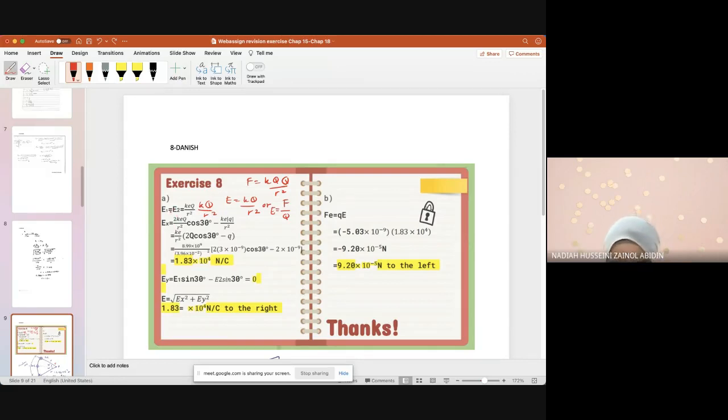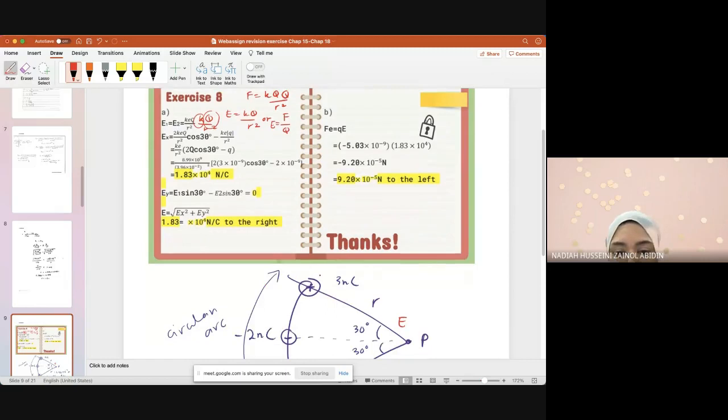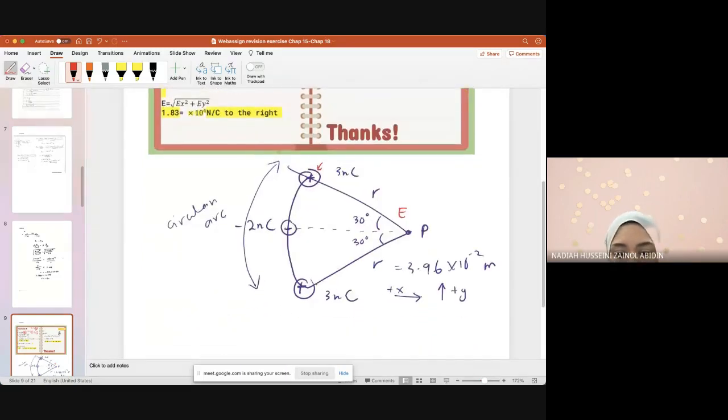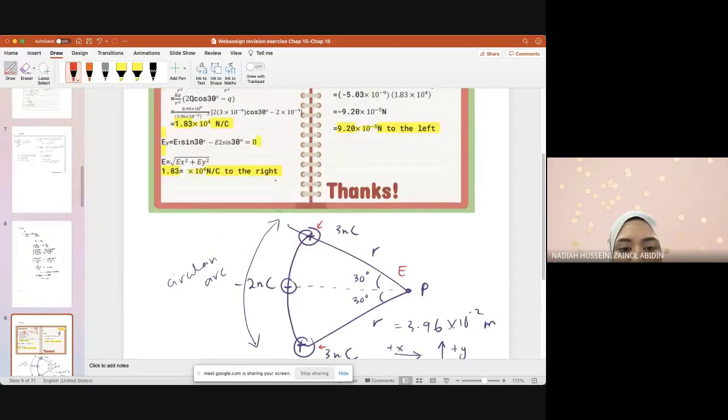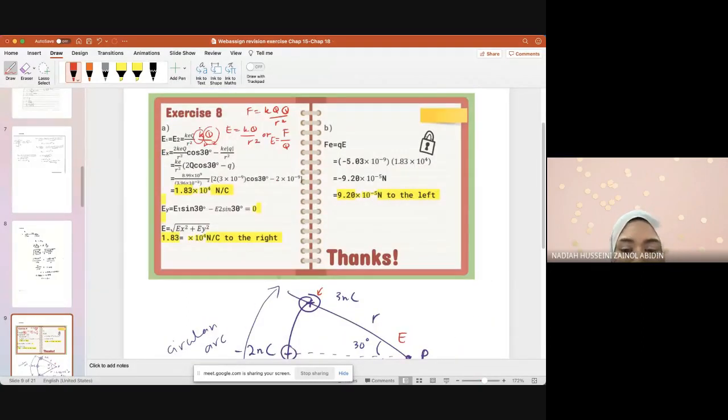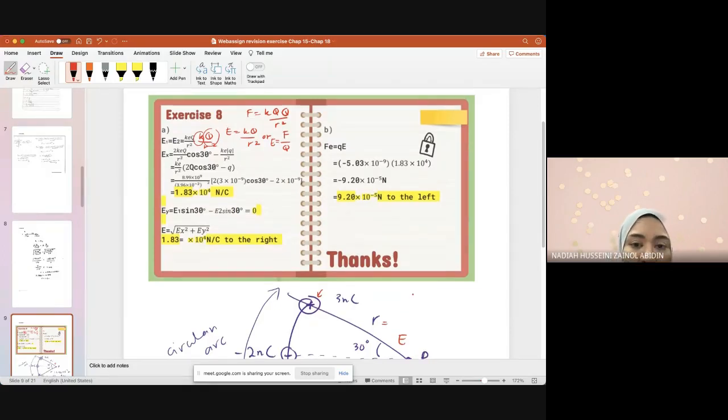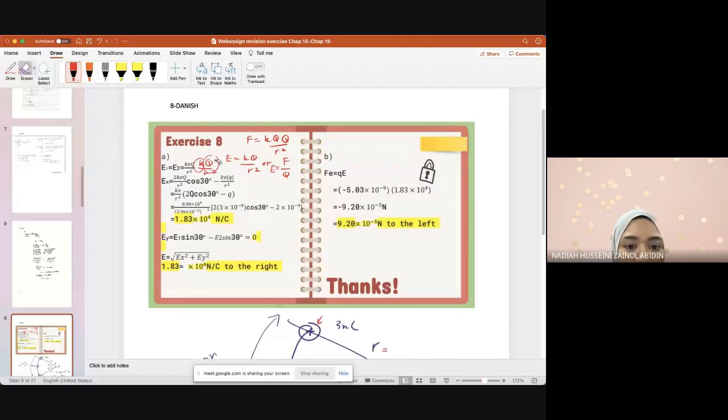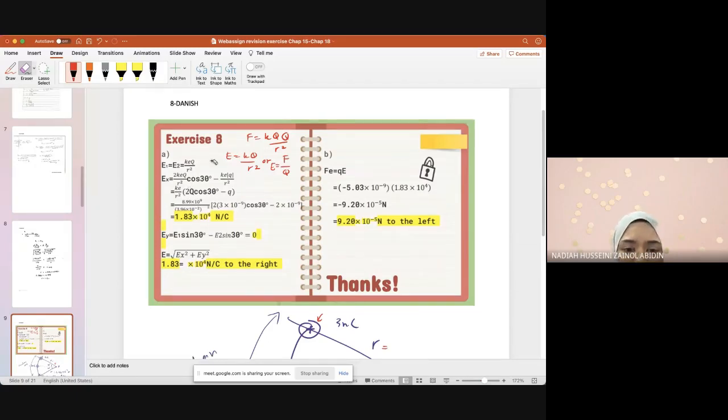So E1 is equal to E2 because K is a constant, the charge value here and here is the same, the equation is also over R squared, and R is also the same, which is 3.96 times 10 to the minus 2 for Danish's question. Here, he said Ex is equal to 2KQ over R squared times cosine 30.